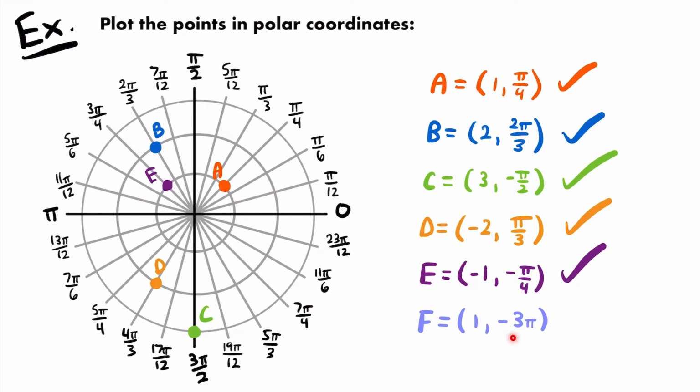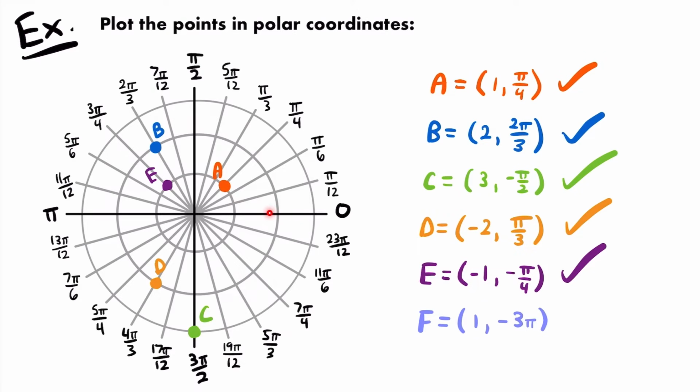And so if our angle is negative 3 pi, we know we're going to at least make one full circle, and then we're going to have another measurement of pi. All right, but it is negative, so we're going to start at the polar axis and move clockwise. So we'll start here, we'll make one full circle, that's negative 2 pi, and then we still have another negative pi to account for.